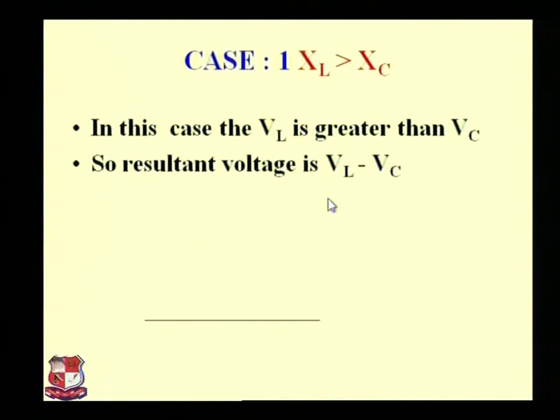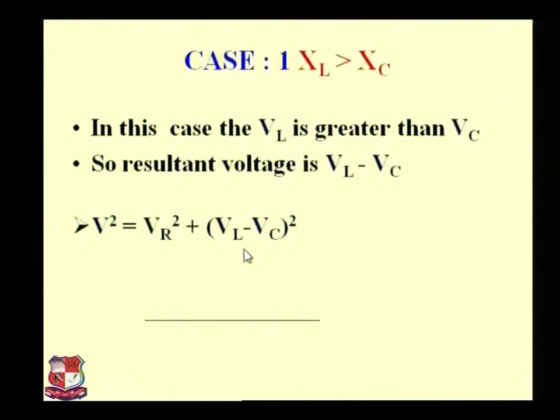As in the previous derivation, we find the equivalent voltage. V square equals VR square plus (VL minus VC) square.